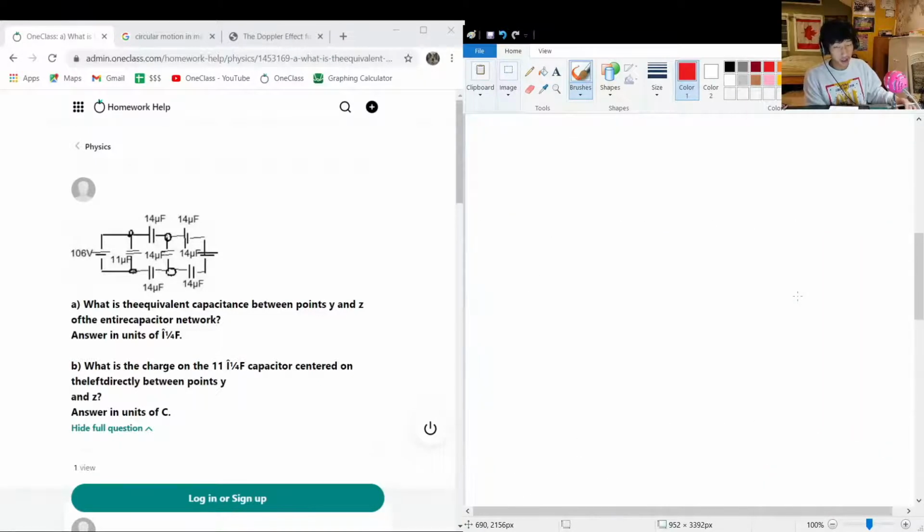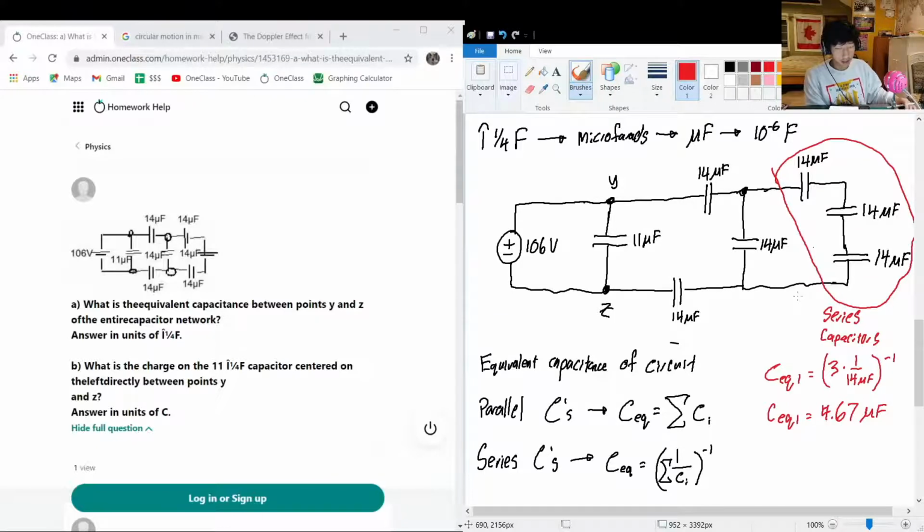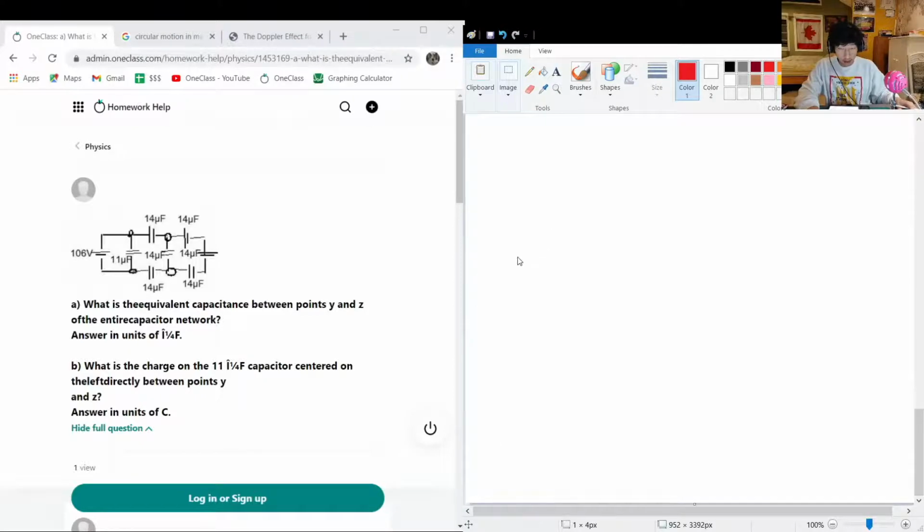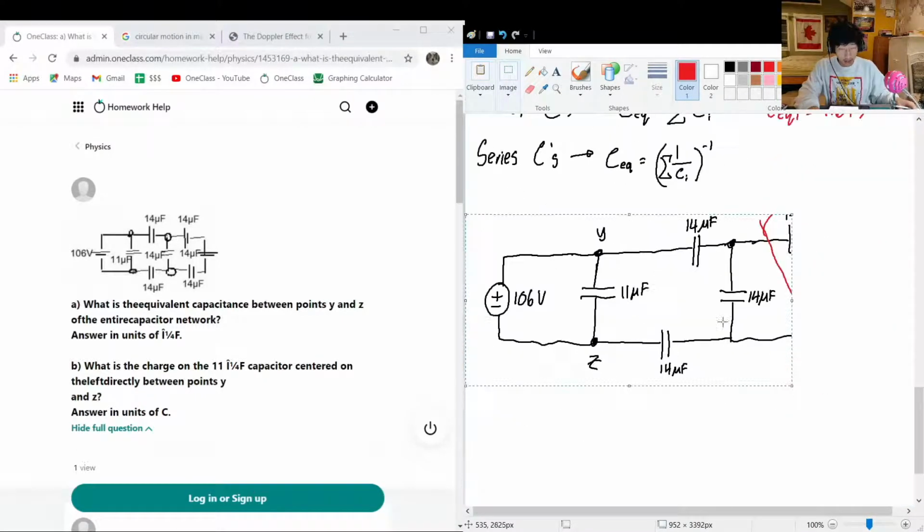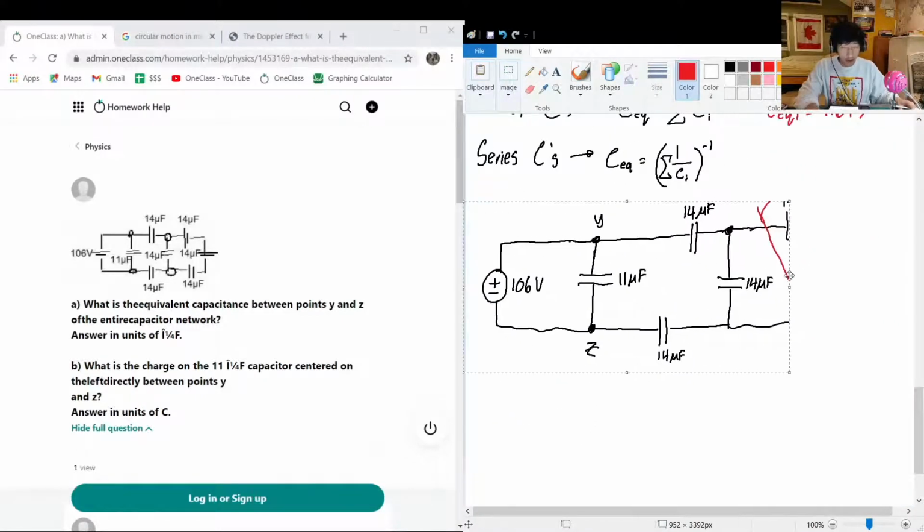So if we want to redraw the circuit, we can redraw it like this. I'll copy over what we have that can stay, copy that, and paste it down here. Now this is a pretty repetitive process, but it is quite important.